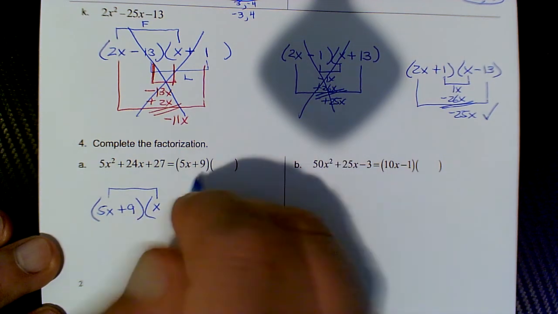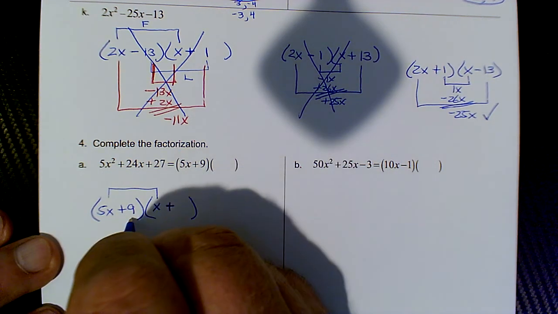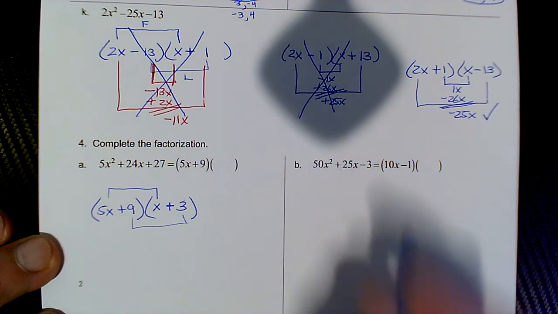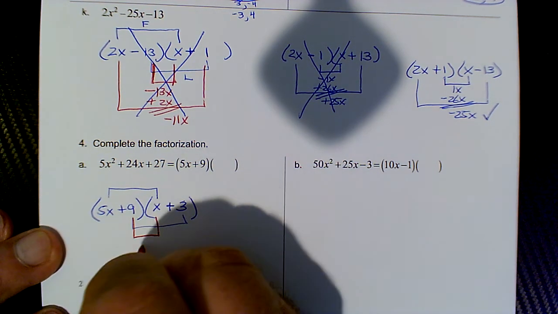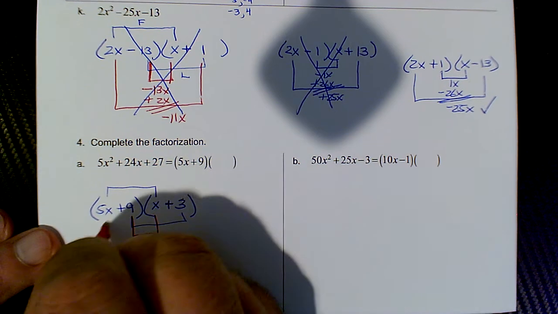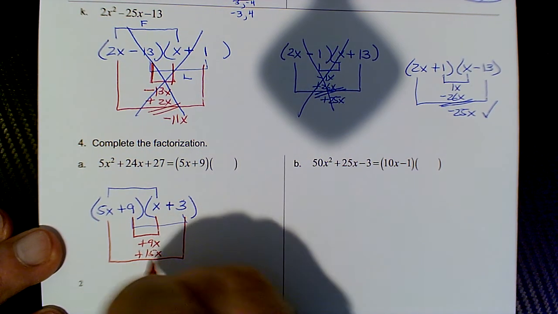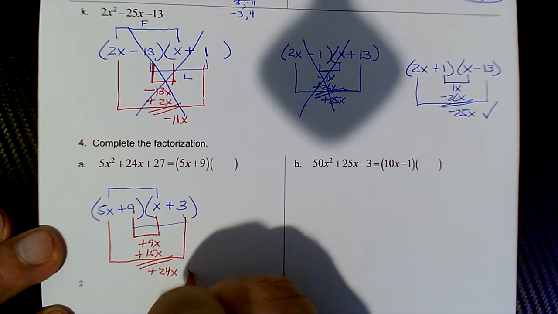And since everything's positive, we know this sign is positive. And the only way we can multiply the last to get 27 would be to put a 3 in there. And then we could check that that works, because here's the inner plus 9x. Here's the outer plus 15x, combines to give us plus 24x, and it checks.